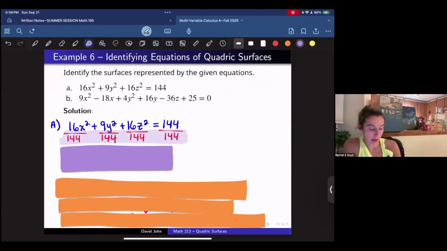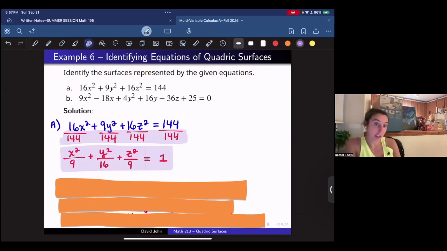And so when we do that, we end up with 16 divided by 144, which is just 1 over 9. And then 9 divided by 144 is 1 over 16. And then we have, once again, 16 divided by 144 is 1 over 9. So we have x squared over 9 plus y squared over 16 plus z squared over 9 is equal to 1.